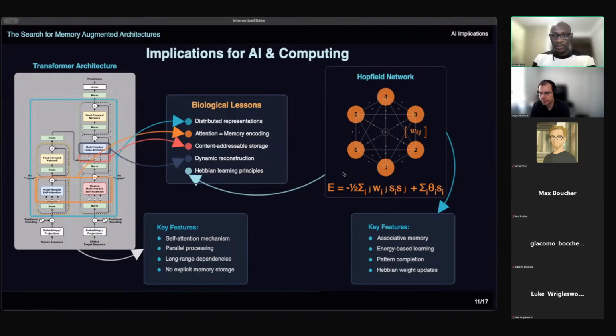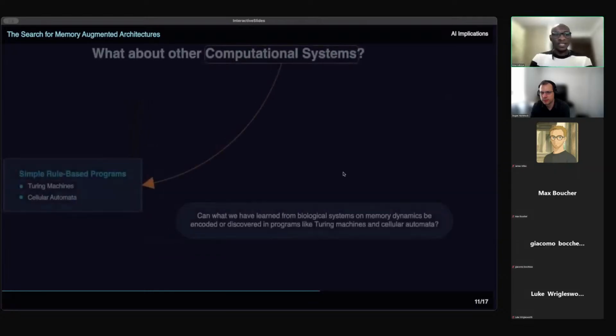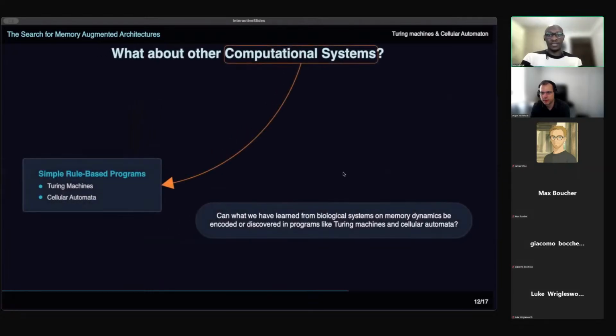So this is what AI systems are doing to implement what biological evolution has taught us. And now the important question is, how computable is it?